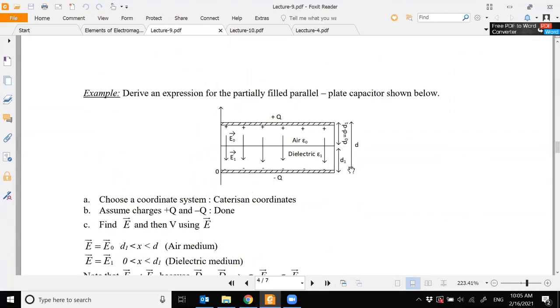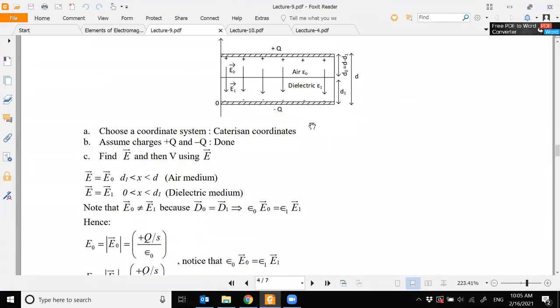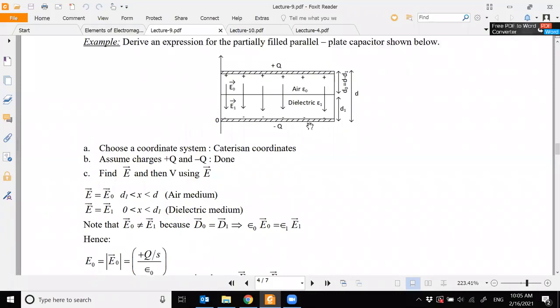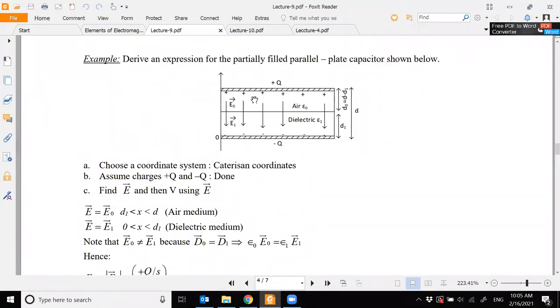And then we also did a partially filled capacitor. Remember, in the partially filled capacitor the field is different in this region and this region. Therefore we divide the electric field as E naught in this region and E1 in this region, the regions being air and the dielectric medium.